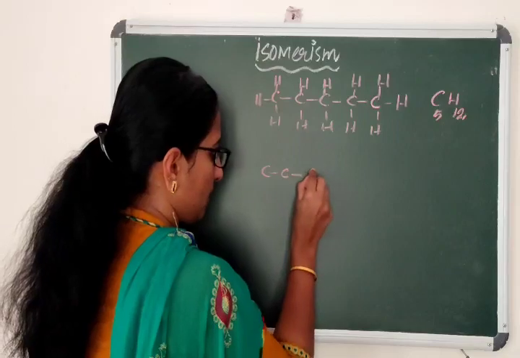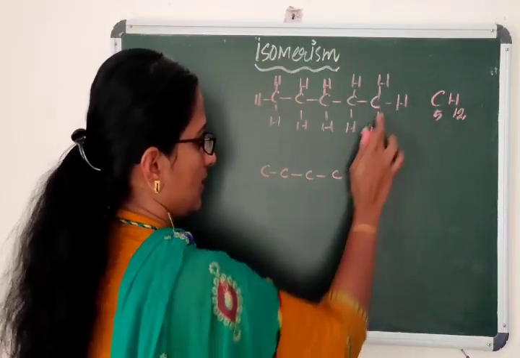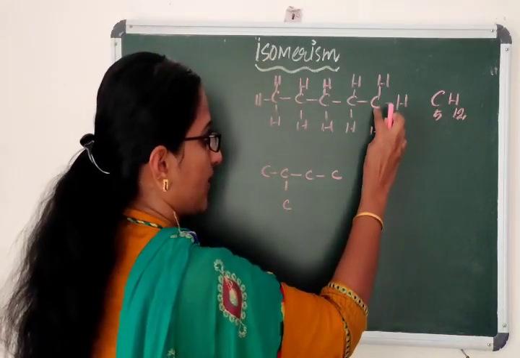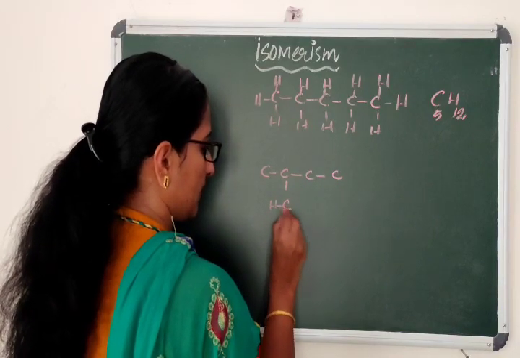Let me write pentane like this. I am taking the terminal CH3 and placing it as a branch. I am taking this C and placing it here, and completing the valency.